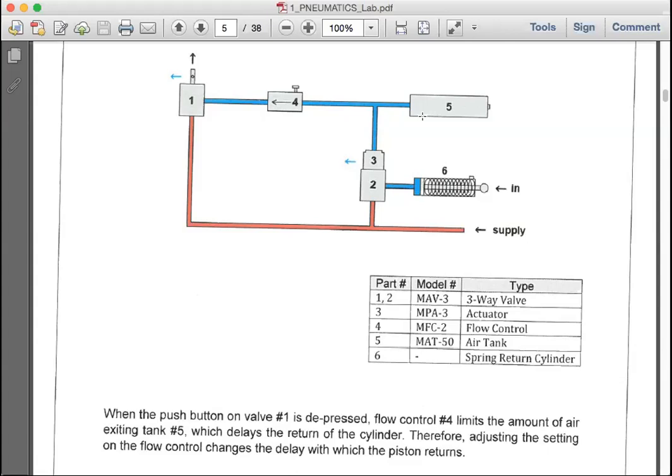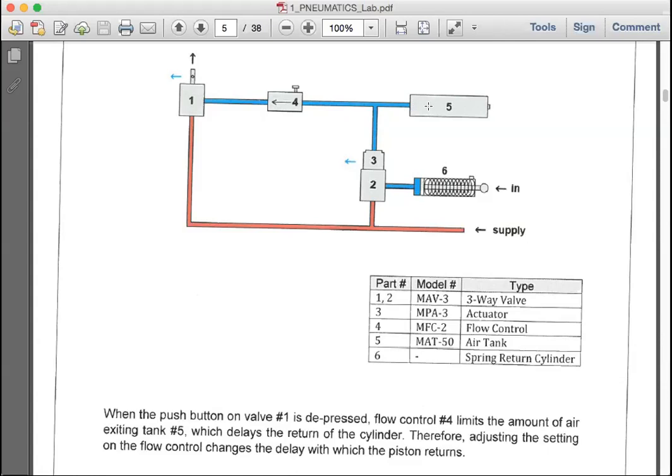So if you want to change the time delay, you could either open or close the flow control. Opening would decrease the delay, closing would increase the delay, or you could install the larger size of the tank, which would increase the delay, or you could install the smaller volume of the tank, which would decrease the delay.